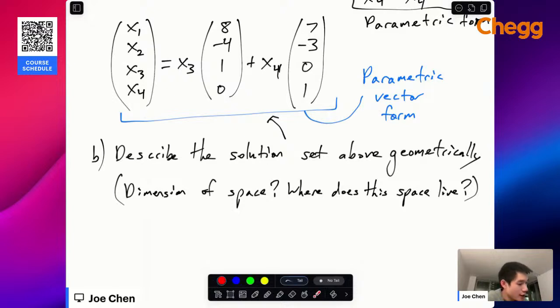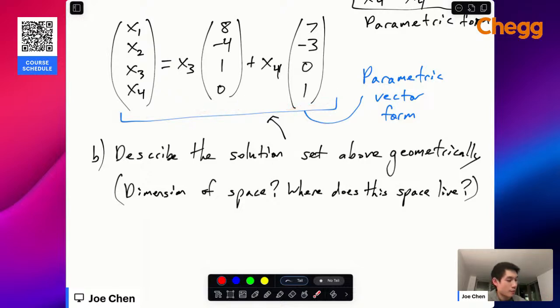Okay, once we have the solution set in this vector form specifically, the first question is, well, both are not too bad, but the first question is simple. It's just counting how many vectors there are here. So, okay, here there's 2.